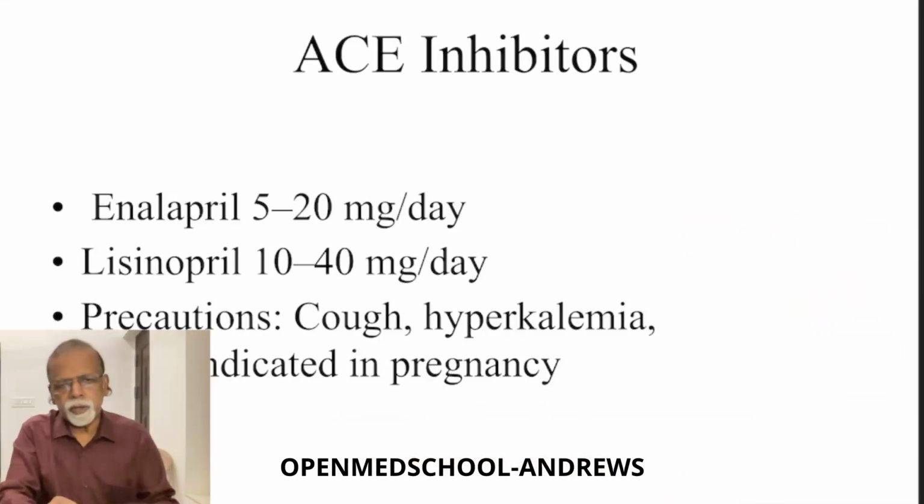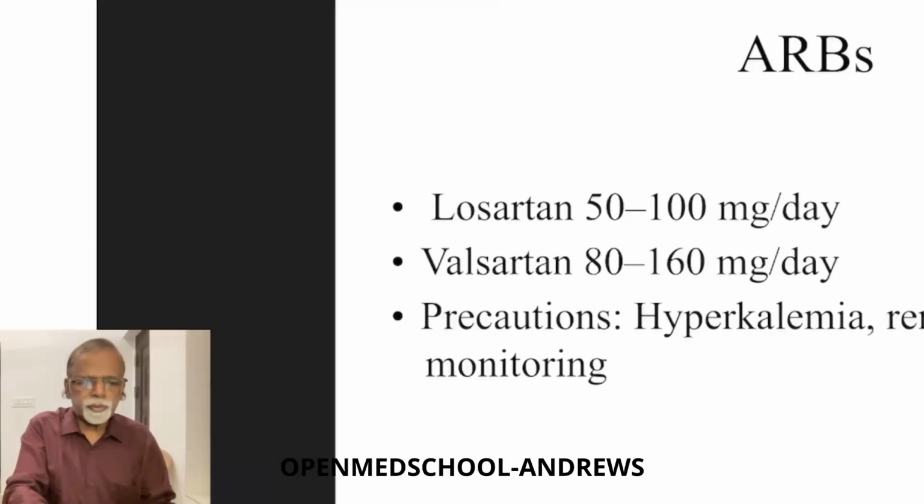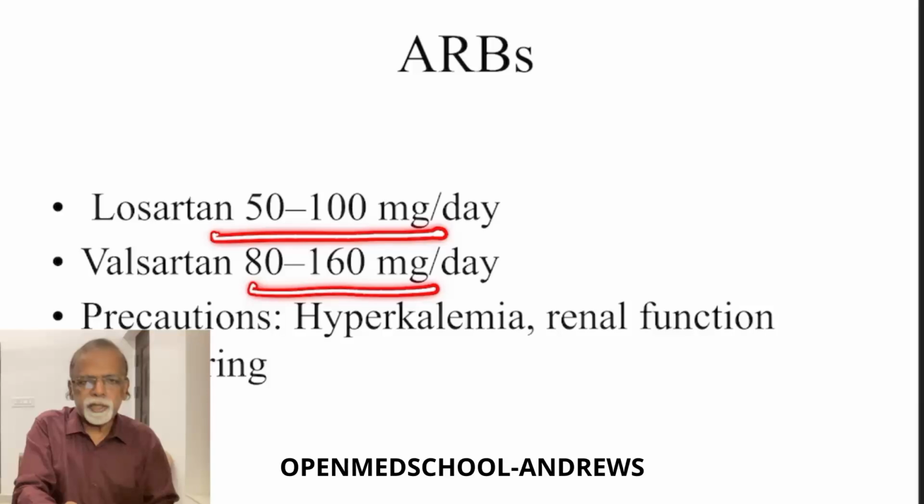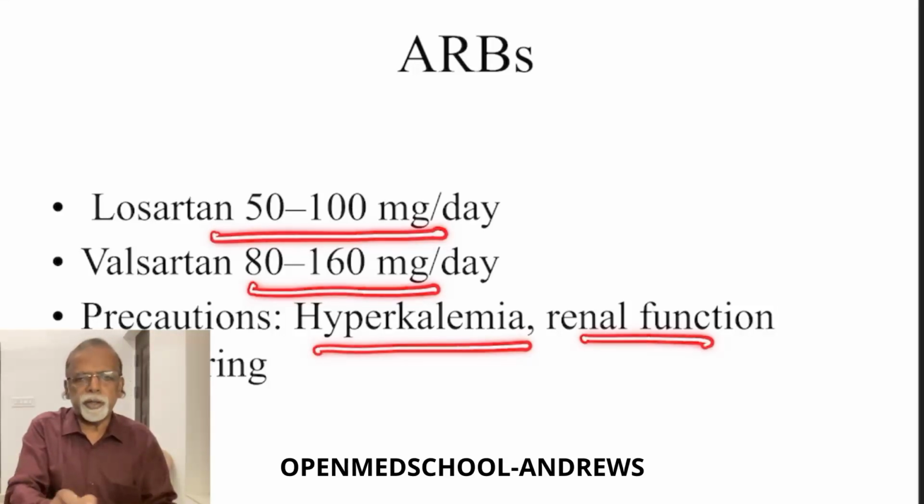That is the reason for the change in renal function. Then ARBs: losartan 50 to 100 milligrams per day, valsartan 80 to 160 milligrams per day. Again, the same precautions, hyperkalemia and renal function monitoring, should be done.